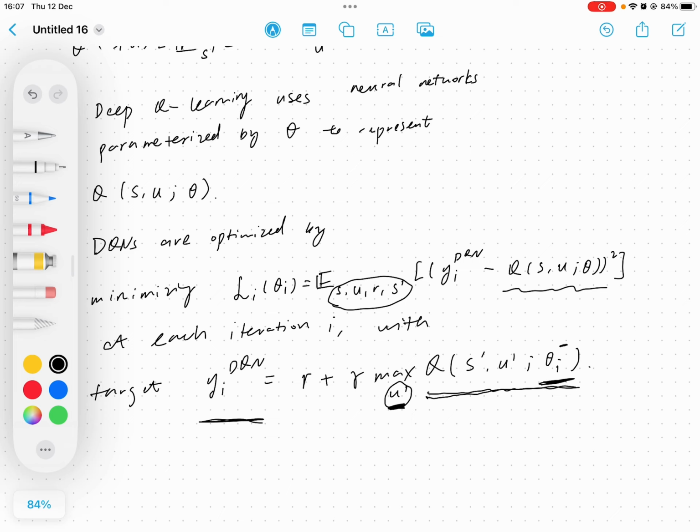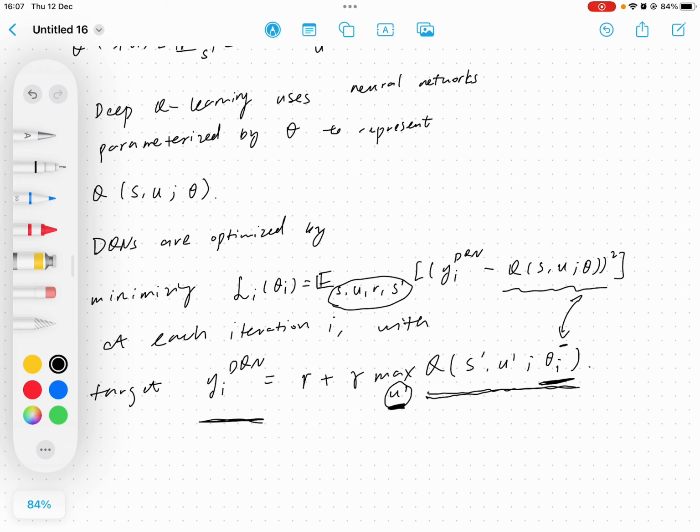Those theta_i minus are the parameters of a target network that is frozen for a number of iterations while we update the online network Q. In this case, this solves the problem of convergence and instability. If we have this theta exactly the same as this theta, then the network is really difficult to converge, and the training process will be unstable.